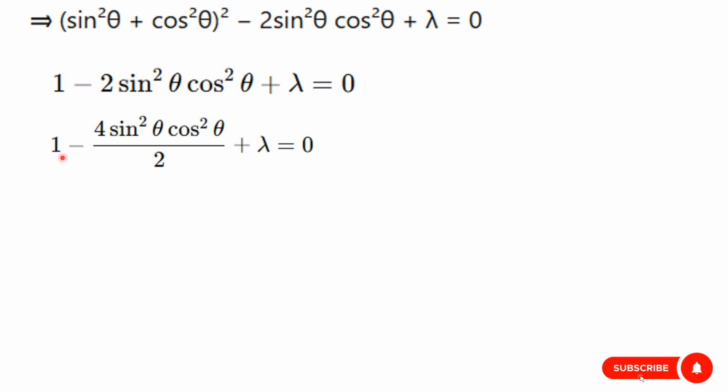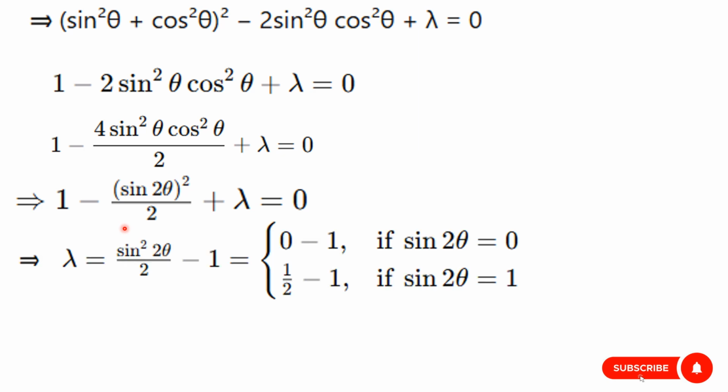Therefore, this can be rewritten as 1 minus 4 sin square theta cos square theta divided by 2 plus lambda is equal to 0. This 4 sin square theta cos square theta is nothing but 2 sin theta cos theta whole square, which is nothing but sin 2 theta whole square. Therefore, the given expression is reduced to 1 minus sin square 2 theta by 2 plus lambda equals 0.